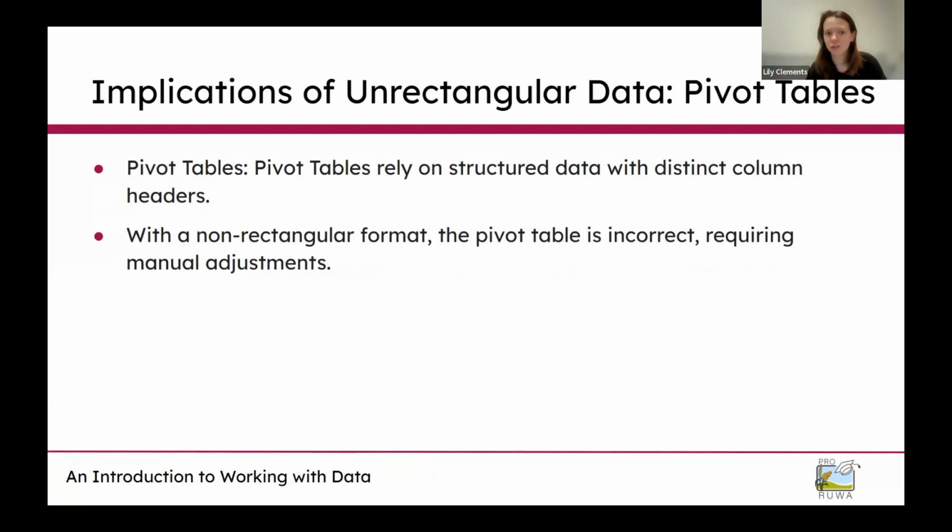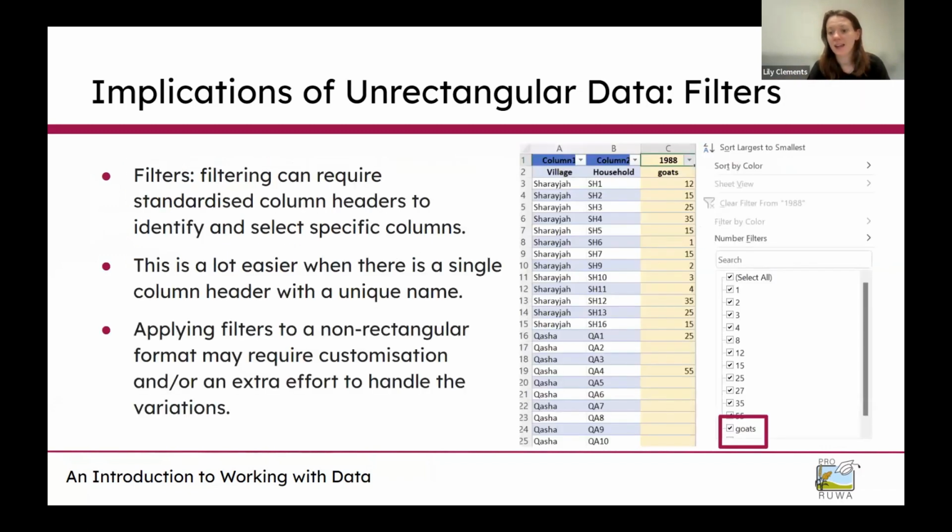Pivot tables rely on structured data with distinct column headers. With a non-rectangular format, the pivot table is incorrect. It requires manual adjustments. And filtering. Filtering can require standardized column headers so we can identify and select specific columns. This is a lot easier when there's a single column header with a unique name.